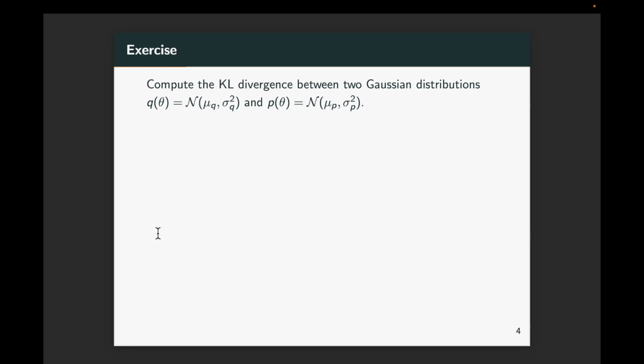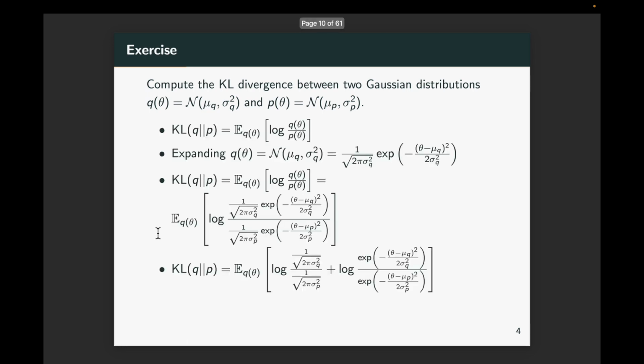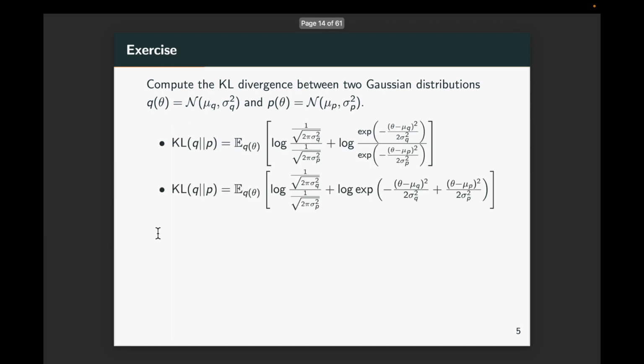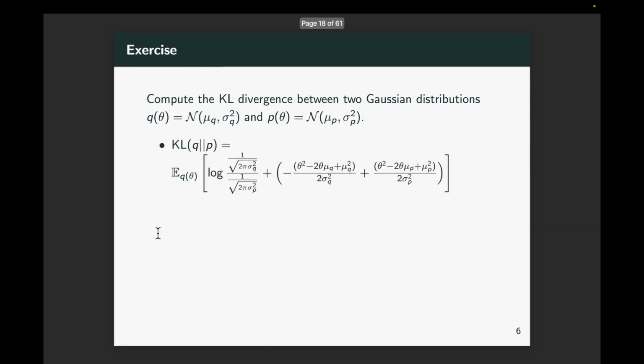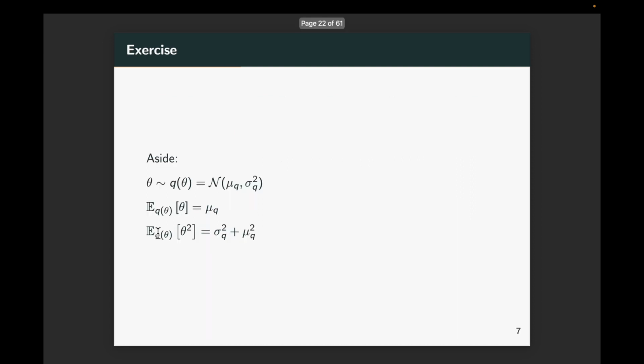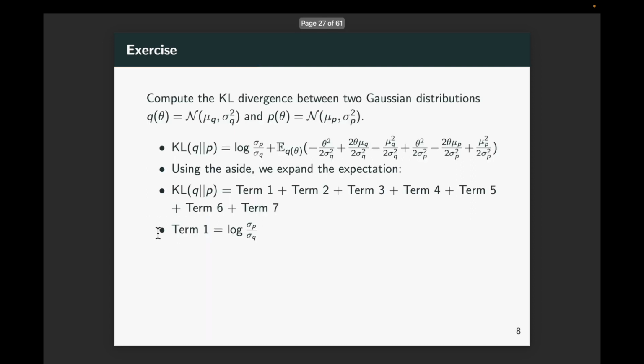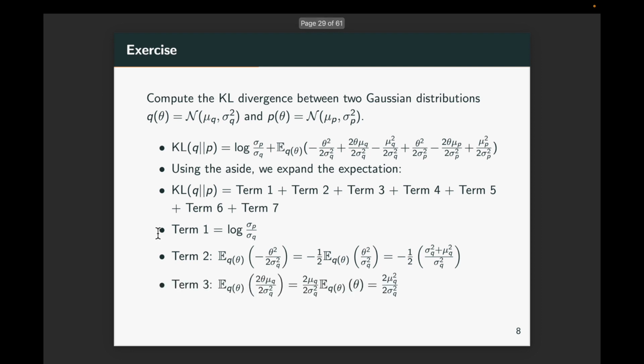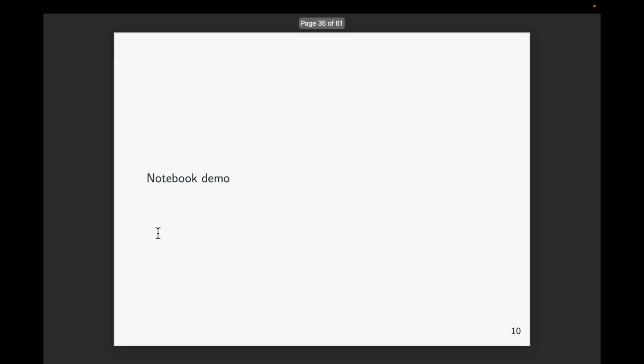We did this exercise in the previous lecture, where we took two normal distributions, Q and P, both univariate normal distributions, and then we analytically computed the KL divergence between them, which comes out to be an expression like this.